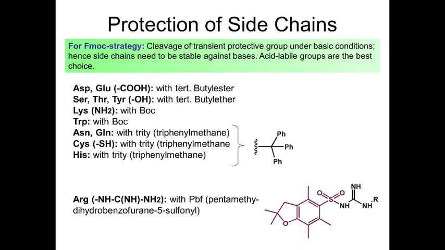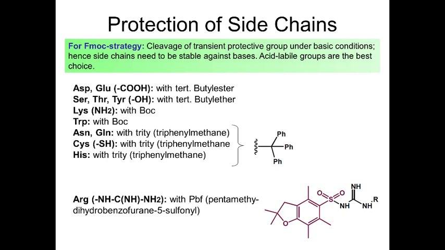For protection of aspartate and glutamate, the carboxylic acid group is protected with a t-butyl ester. Serine, threonine, and tyrosine, the amino acids that contain a hydroxy function, are protected with a t-butyl ether. The lysines, which carry an amino group as the side chain, are protected with Boc. We have already seen how the Boc group looks.